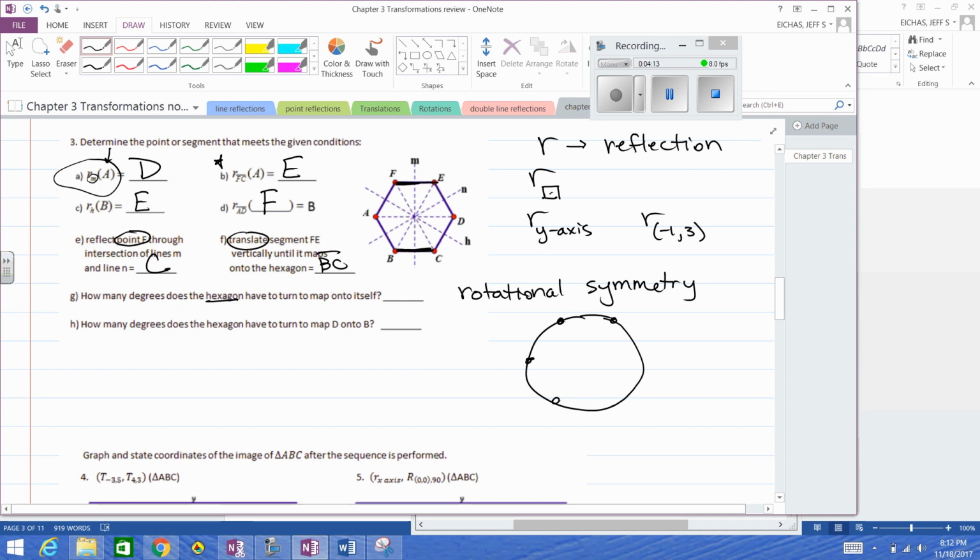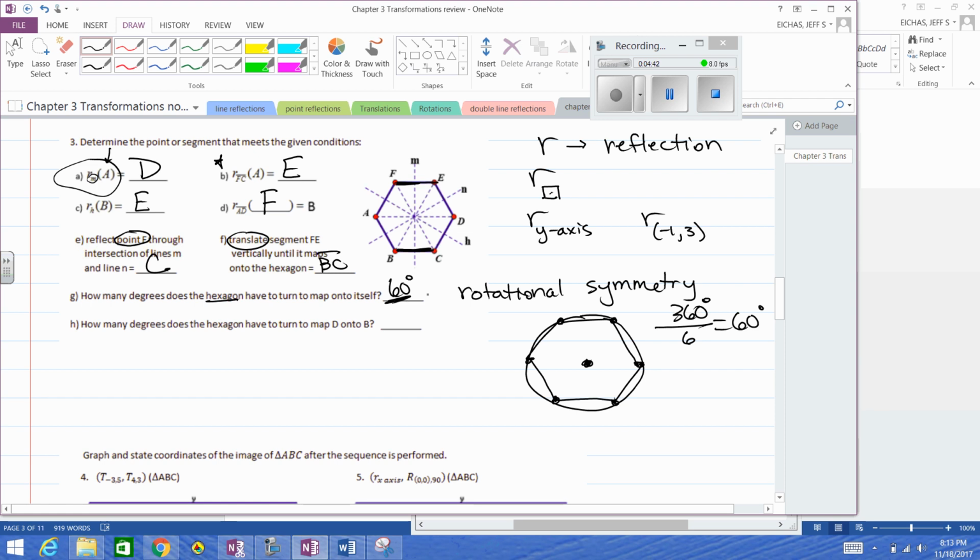Basically, to go around a circle, it's 360 degrees. If you have 6 equally spaced dots, they're going to be 60 each. Now, of course, 60, 120, 180, 240, those are all rotational symmetry numbers, but 60 is the least.